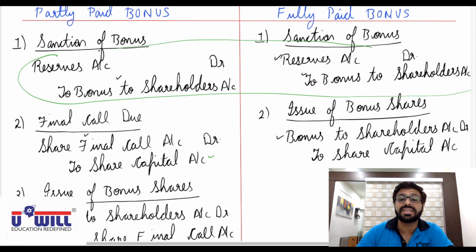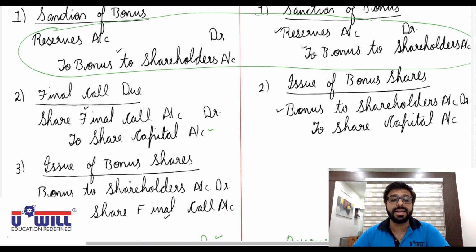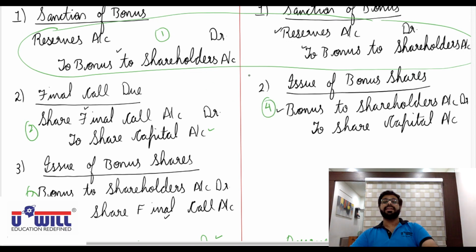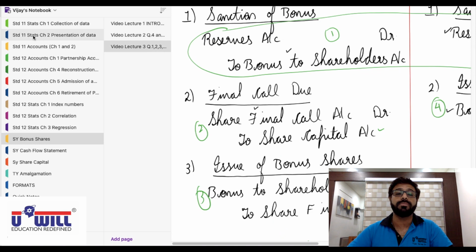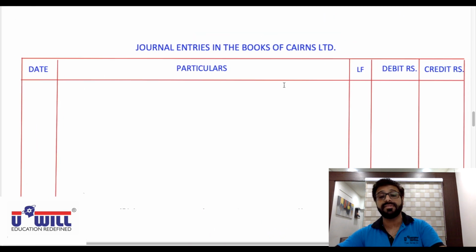So first, second, third, fourth. Until partly paid bonus are given, fully paid bonus cannot be given. So then fully paid bonus. First entry we will combine, then second, third and fourth. So total 4 entries only we are going to pass. So make the format accordingly, everyone.